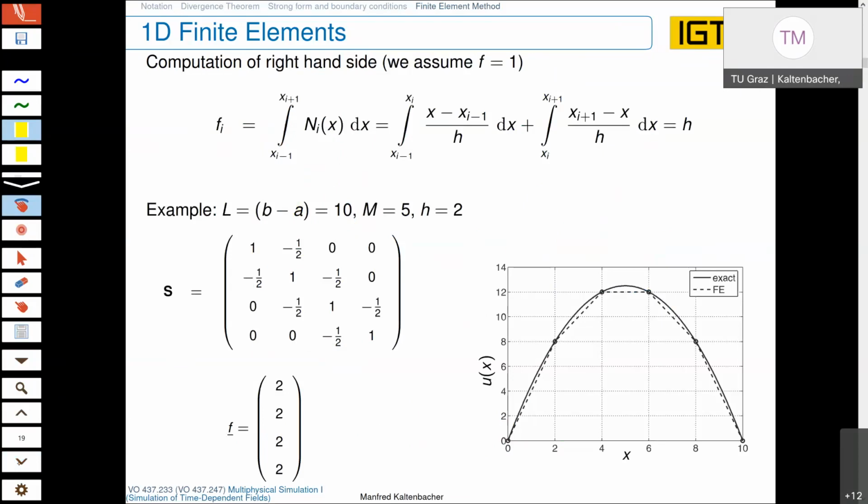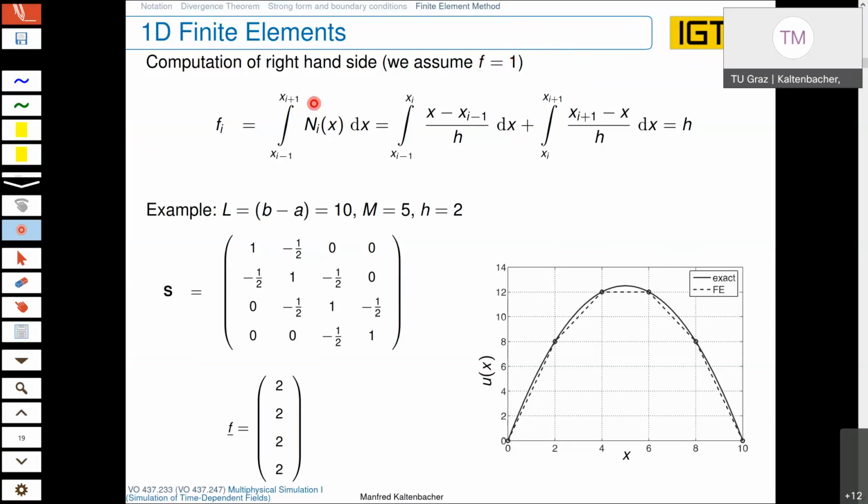Okay, now let's have a look at the right-hand side. For the right-hand side, I have assumed that f is equal to 1.